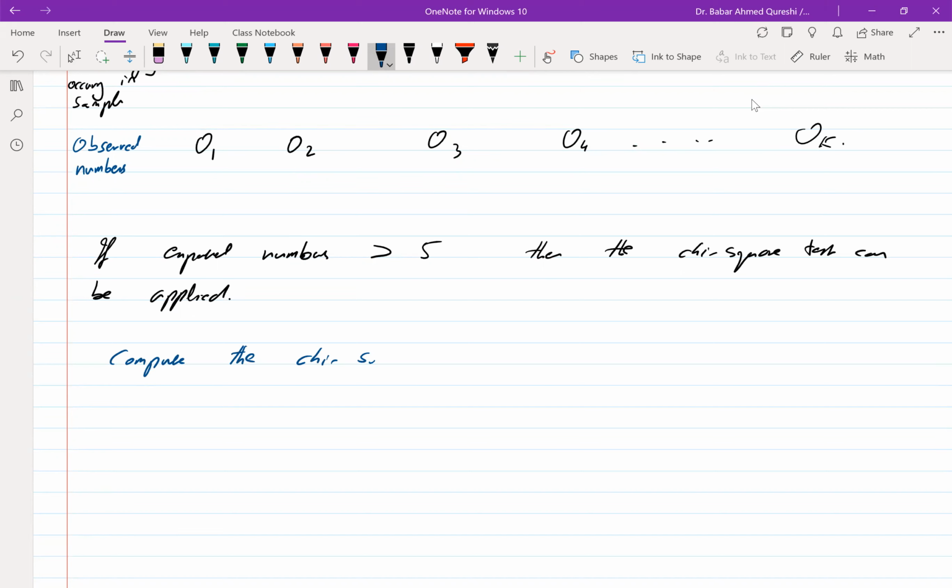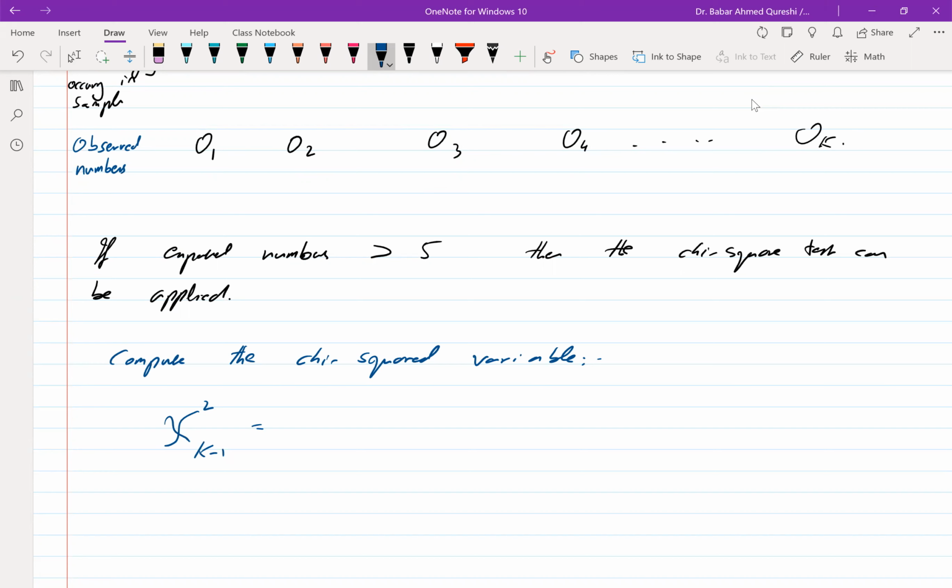The chi-squared variable, what's the variable? If you have k categories, it will have k minus 1 degrees of freedom.